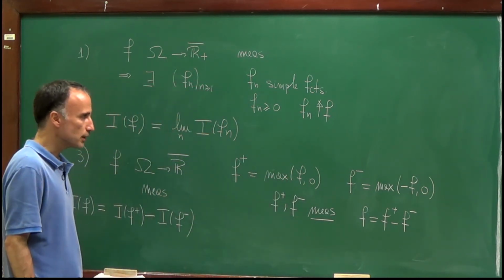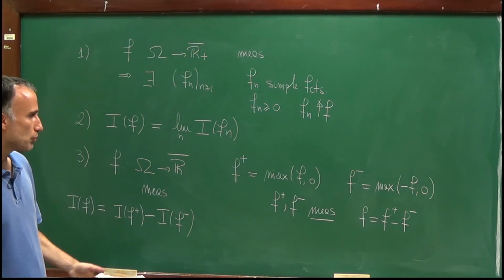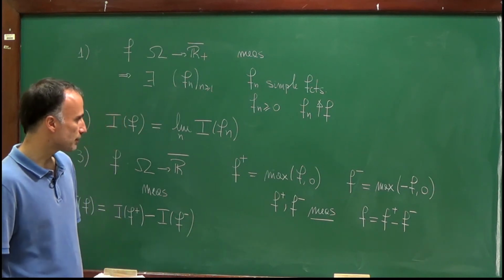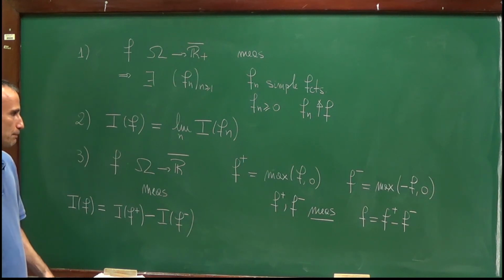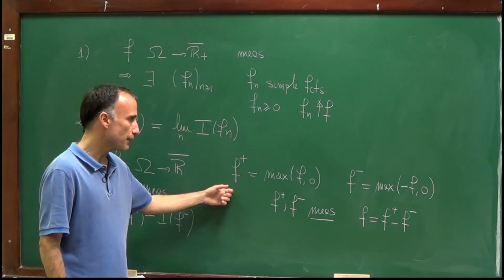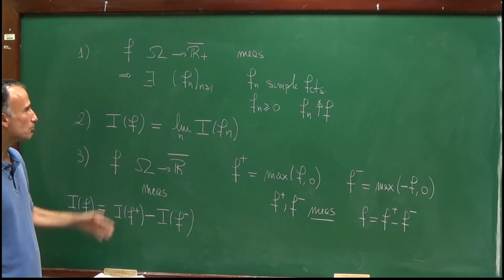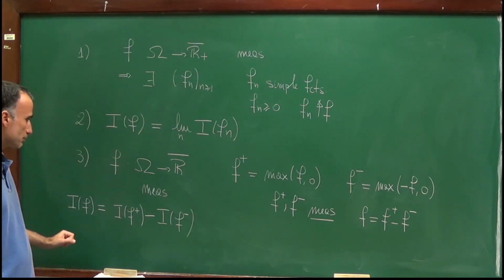So in these next few minutes, I will show that if you start with a measurable function and you perform some algebraic transformation of this function, we still obtain measurable functions, which are necessary results in order to complete the definition of the integral of a function.